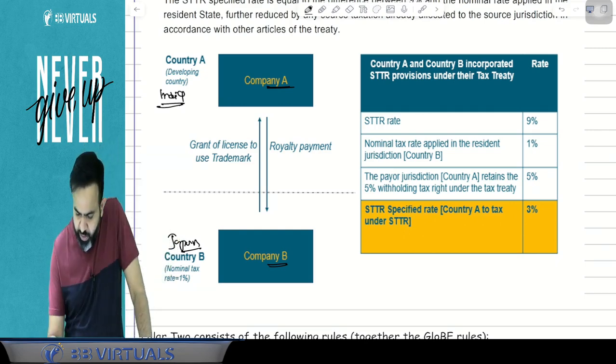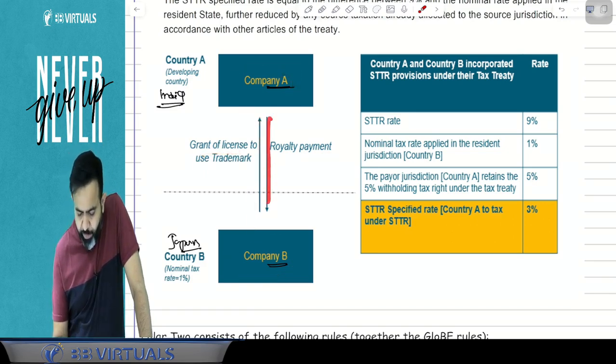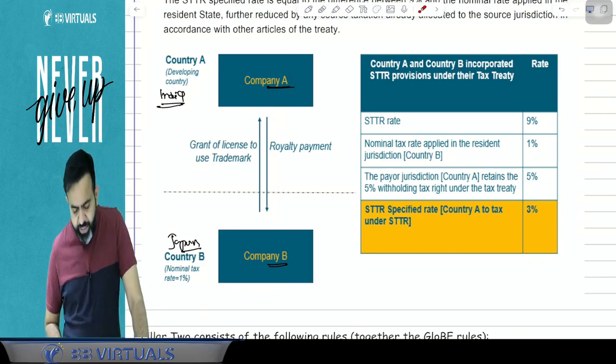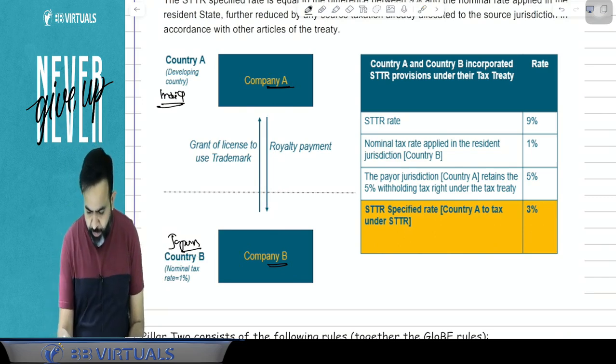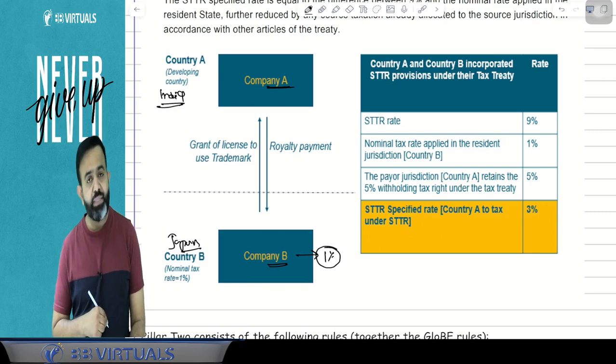Now what happened? Suppose this Japan company B has given a license to use the trademark to the Indian company. Now the Indian company A is paying the royalty to company B in Japan. Now, guys, suppose Japan is charging a nominal tax rate of only 1%.